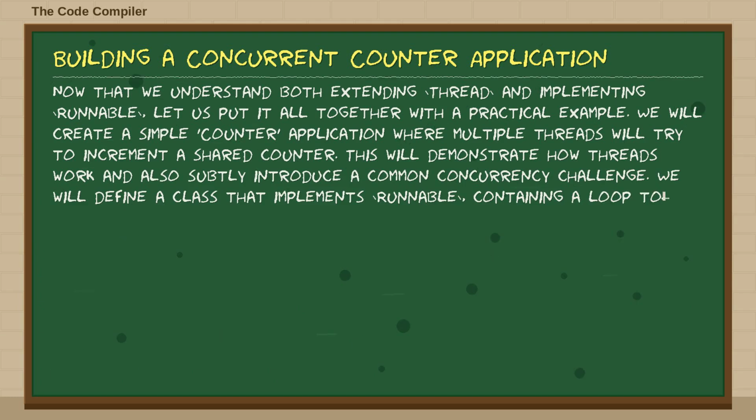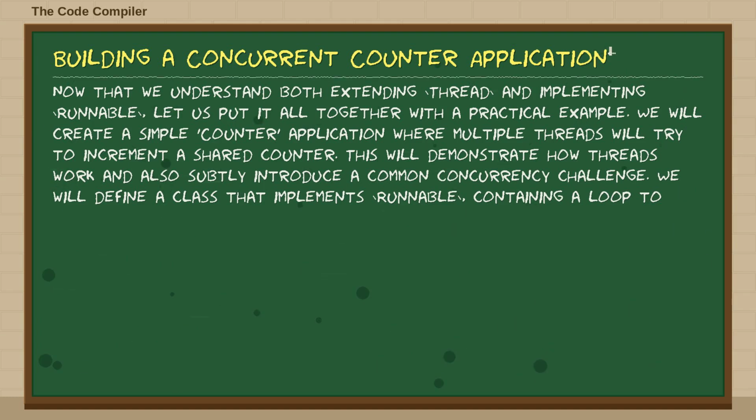We will define a class that implements Runnable containing a loop to increment a counter a certain number of times. Then, in our main method, we will create several instances of this Runnable class, wrap each in a Thread object, and start them. Observe how each thread executes its run method concurrently.